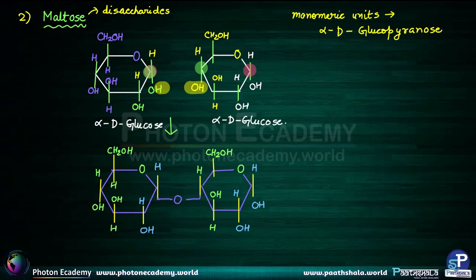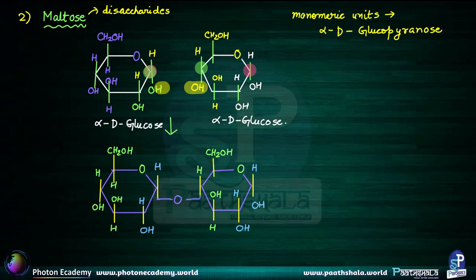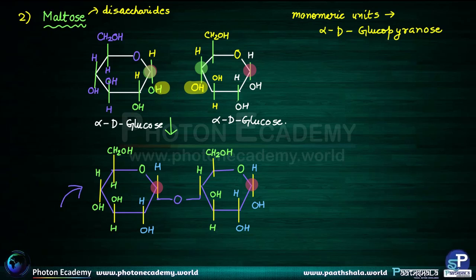Now, let us see what happened to the anomeric carbons. The anomeric carbon was here and here. In this unit over here on the left, this unit is actually non-reducing.